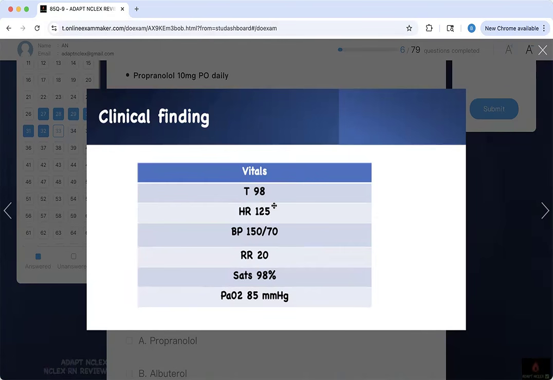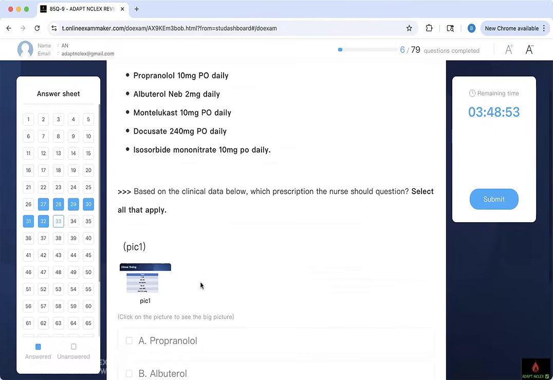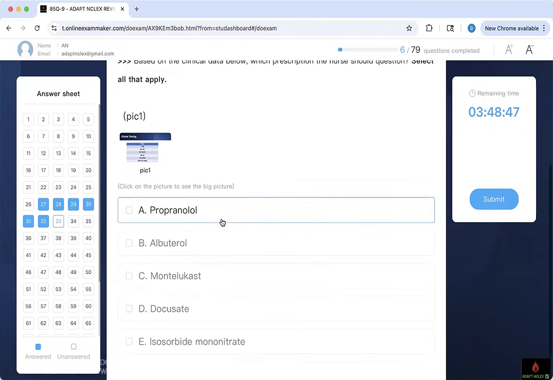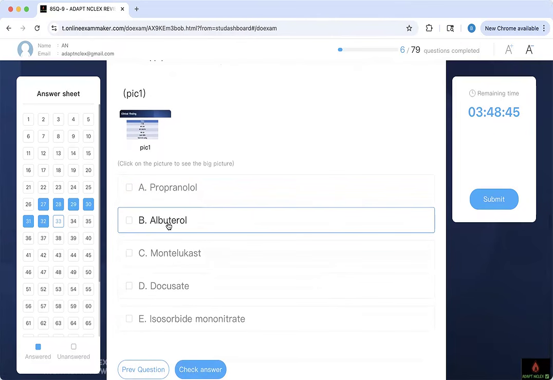Heart rate is 125, which is too high. Blood pressure is too high. Respiratory rate is going up. Saturation is 98, which is good. PO2 is 85. Look at it carefully. Therefore, based on that, should we give the patient propranolol? Do you think we should do that? Let me know. Do we give them albuterol, montelukast, docusate, isosorbide?